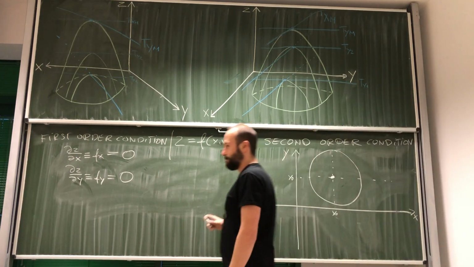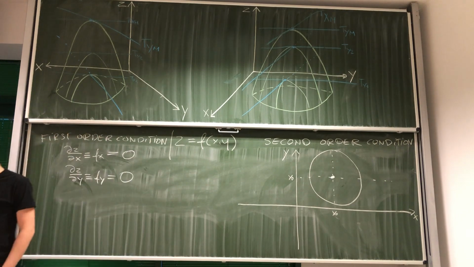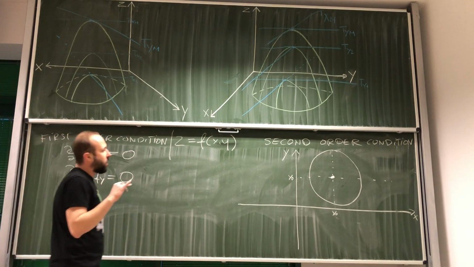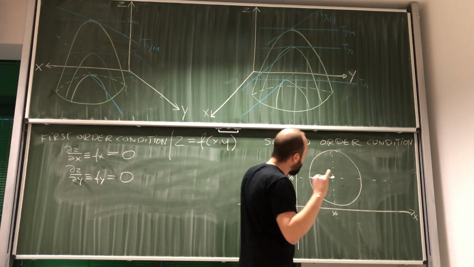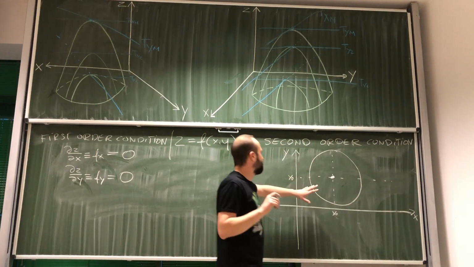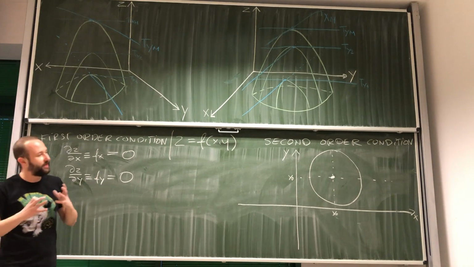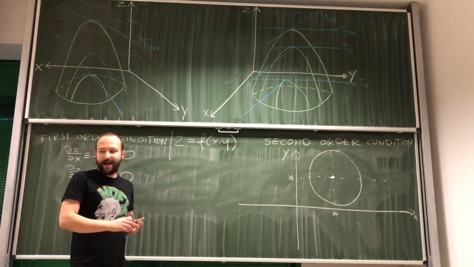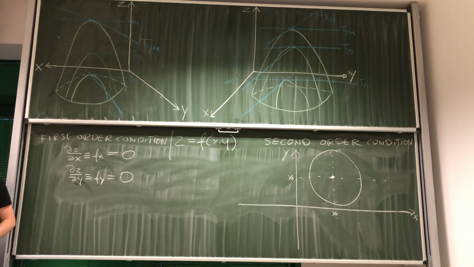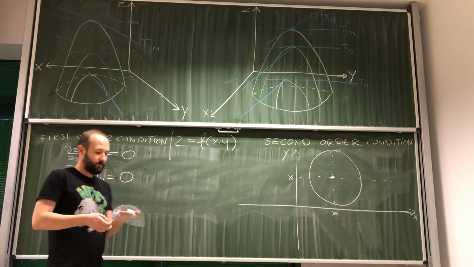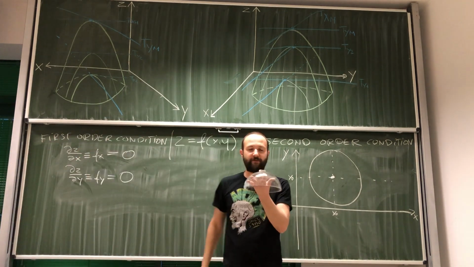Okay, so in these circumstances, we know already that this is a maximum, but how can we be sure that this actually is a maximum? Imagine that you're standing on the top of a hill, or on the top of a ball.